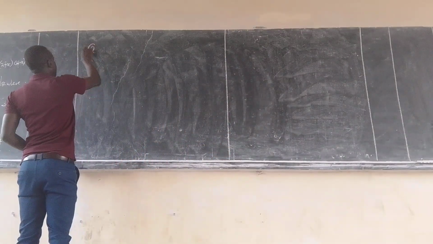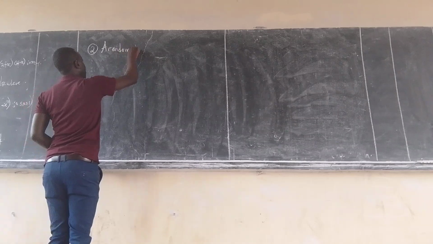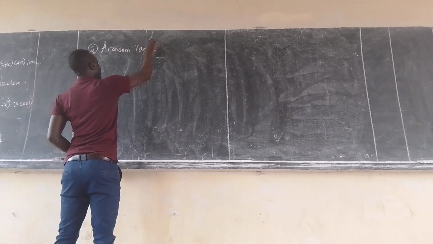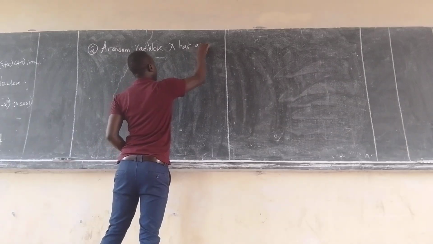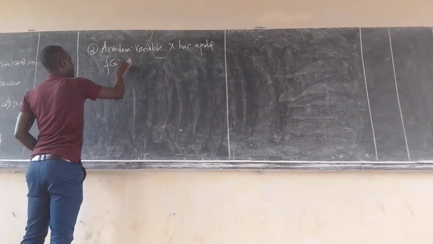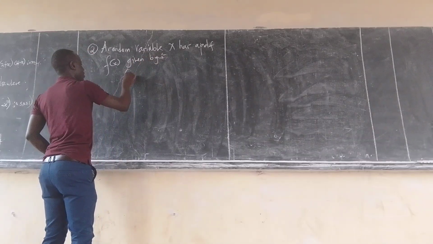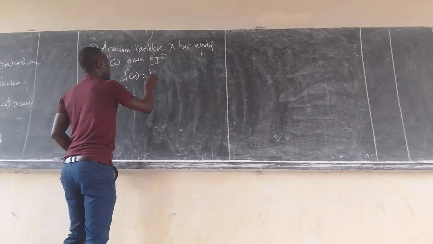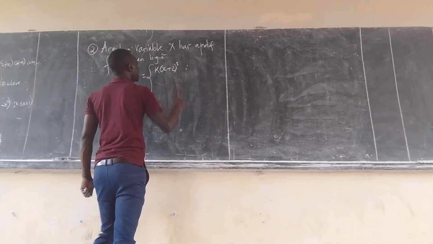it says that a random variable x has a PDF small f of x given by, so our small f of x is k into x plus 2 squared.